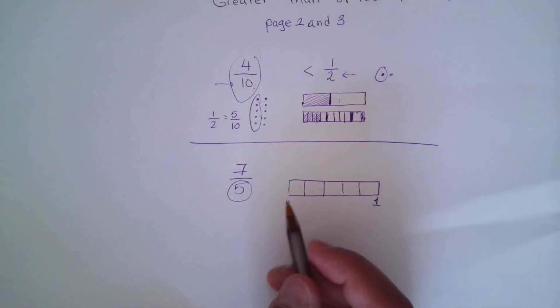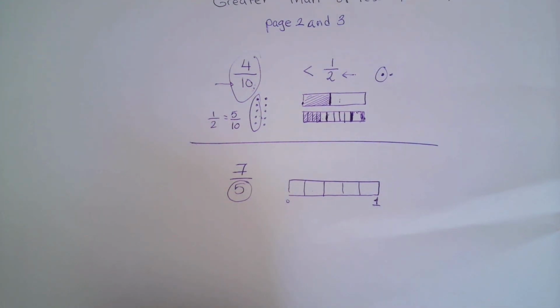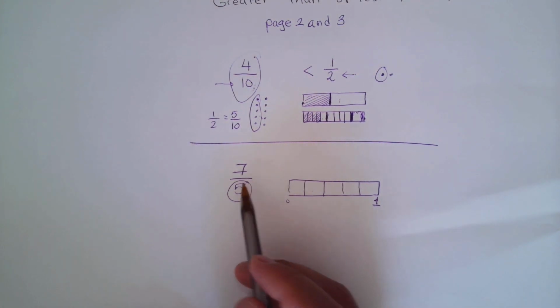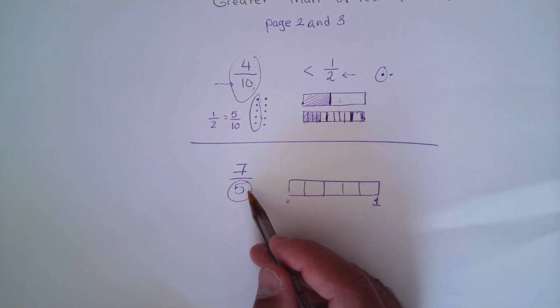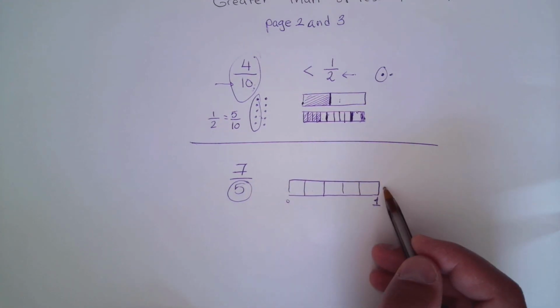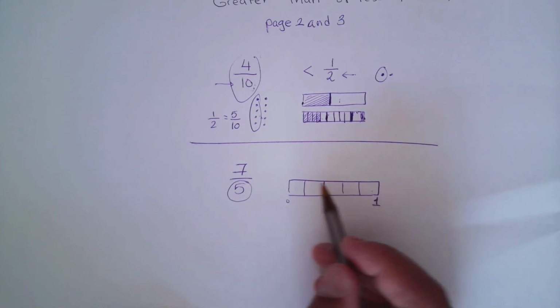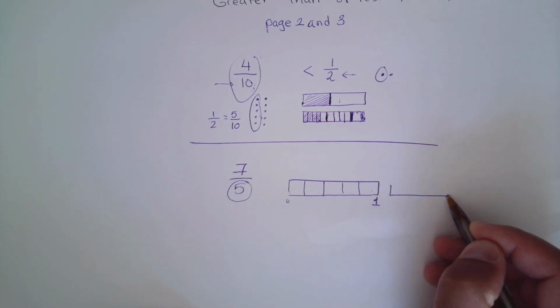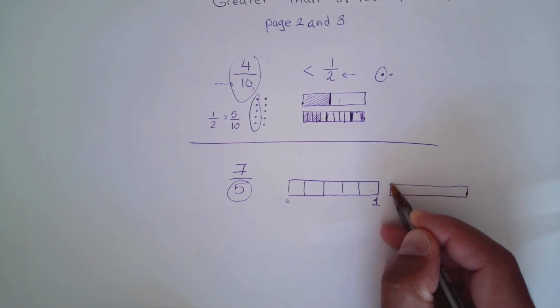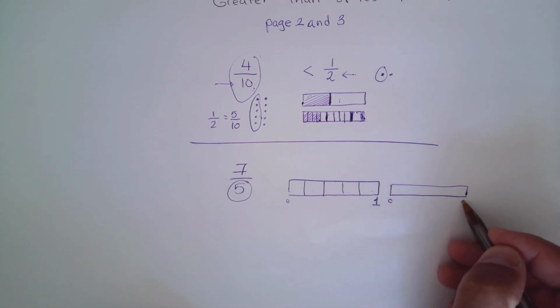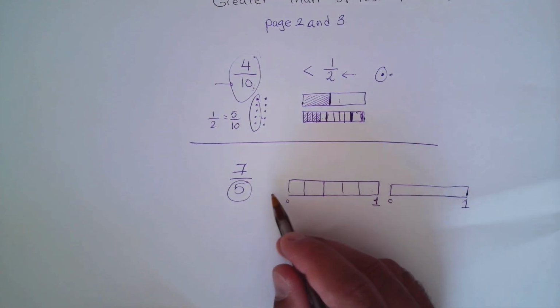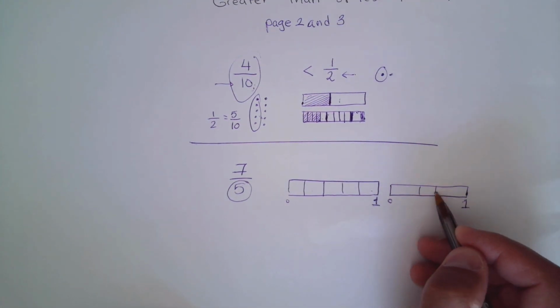Okay. Now, how many of those 5 are in this fraction? I have 7. So a whole would be 5. I have 7, so I have to draw another whole, partition it also into fifths.